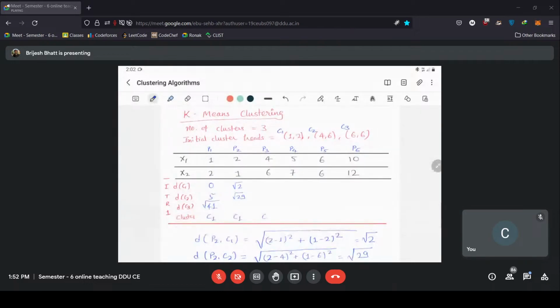P1 and P2 got C1, P3 got C2, P4 got C2, and now P5 and P6 are in C3. So are you all getting the same answer? I think this is correct. Okay, Urjit also got the same answer. So is the calculation clear to everyone? Is there any question on the calculation? It's pretty simple, right? We are just calculating Euclidean distance. I don't want to spend much time on this.